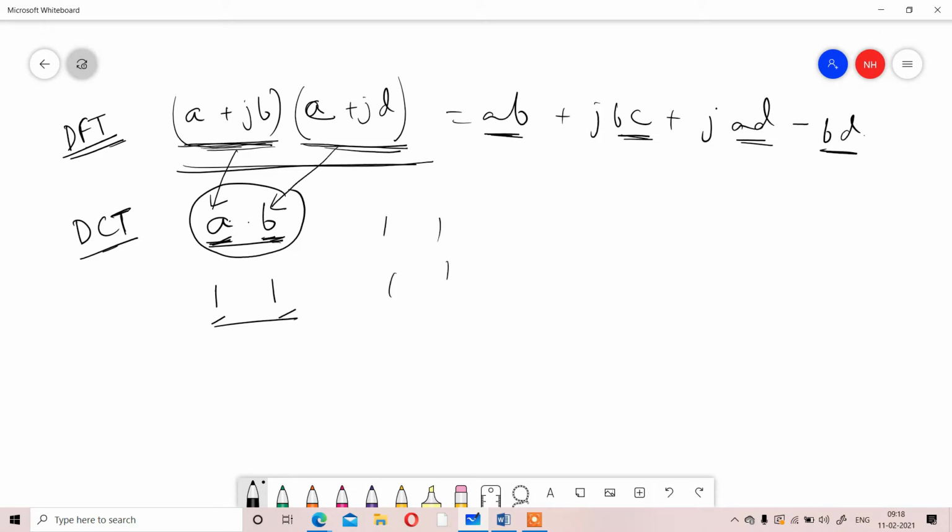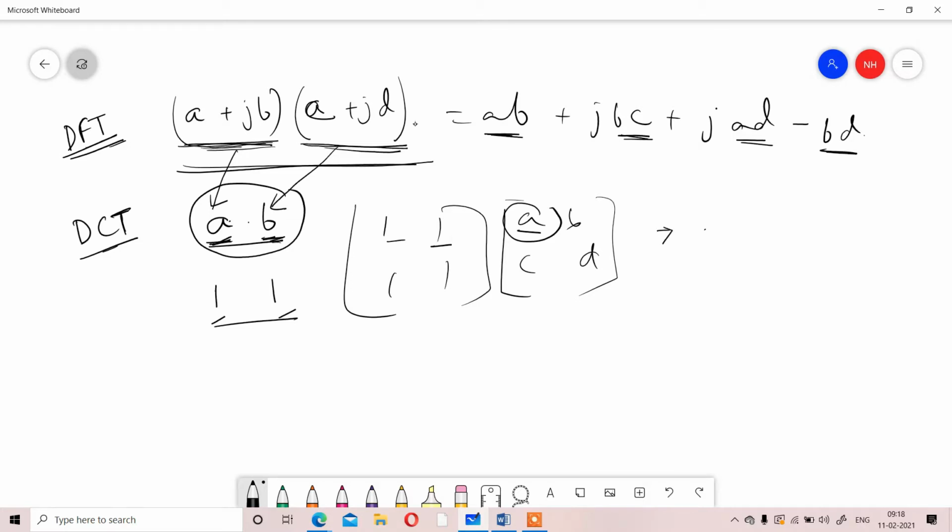If you have a simple transformation matrix of 1s and you have the input image, then whenever you do the multiplication, whatever data you have in the input image is simply multiplied by 1. So whatever the data is, it will remain the same. Means 1 into a is a, 1 into b is b.